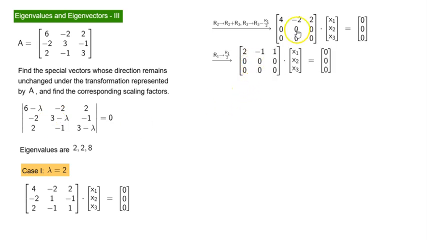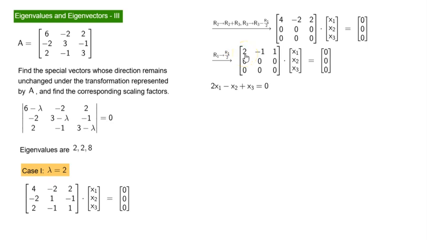Now let's simplify it again by dividing R1 by 2. We get 2, minus 1, 1, and the rest are zeros. Which means, by looking at this itself, we know that the rank of this transformation matrix is 1. And which basically also tells us that there are 2 free variables. So now let's convert it into equation form.